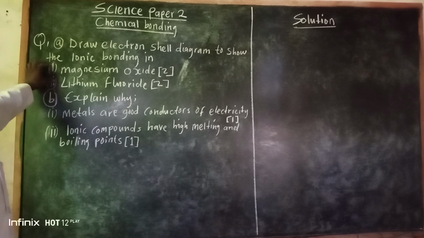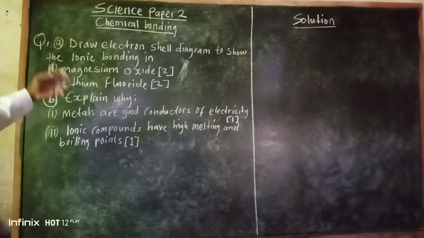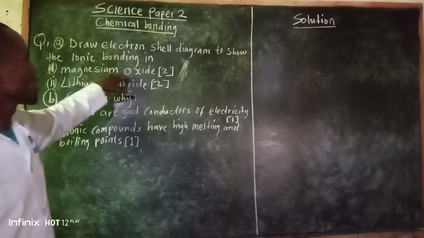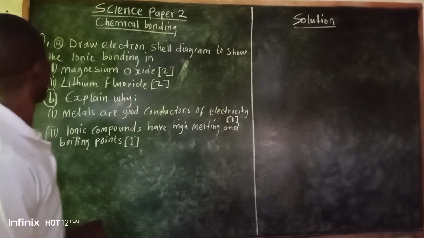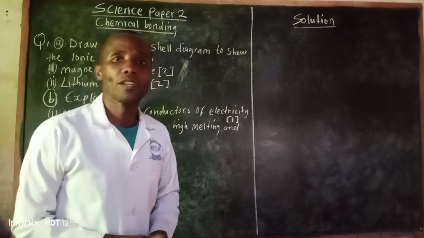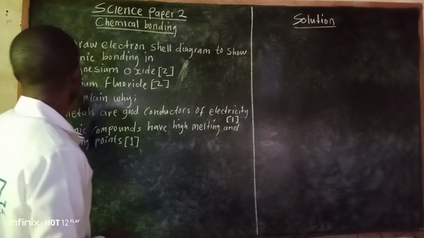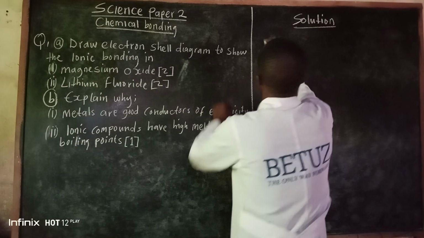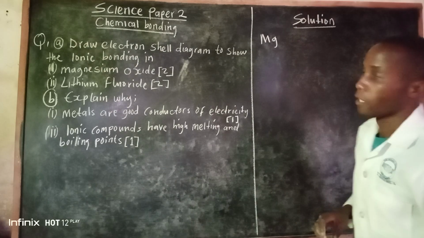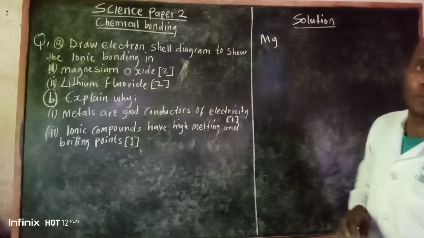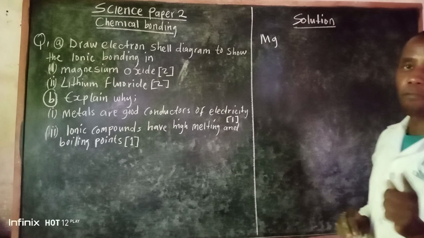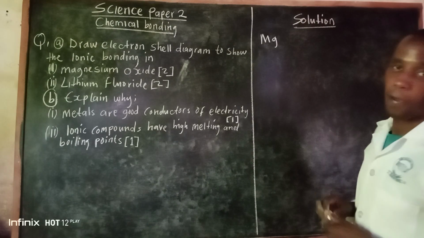How can we write the electron shell diagram to show magnesium oxide? First of all, we are going to identify the magnesium on the periodic table. The chemical symbol for magnesium is Mg. When you go to the periodic table, you will find that this is the symbol for magnesium.